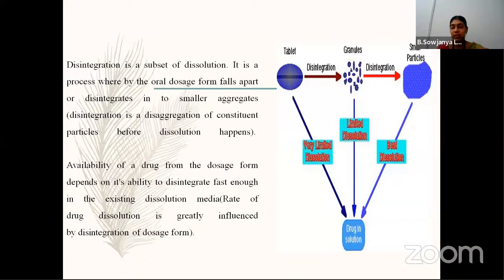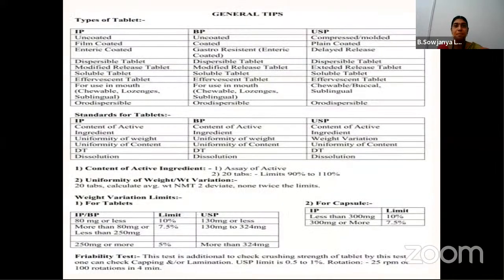So these are interrelated factors, and the total overall view here is tablets according to IP, BP and USP: uncoated tablets, that is simple plain tablets, film coated tablets, enteric coated tablets that release in the gastrointestinal region, dispersible tablets, soluble and effervescent tablets, and the standards of tablets like the evaluation part.